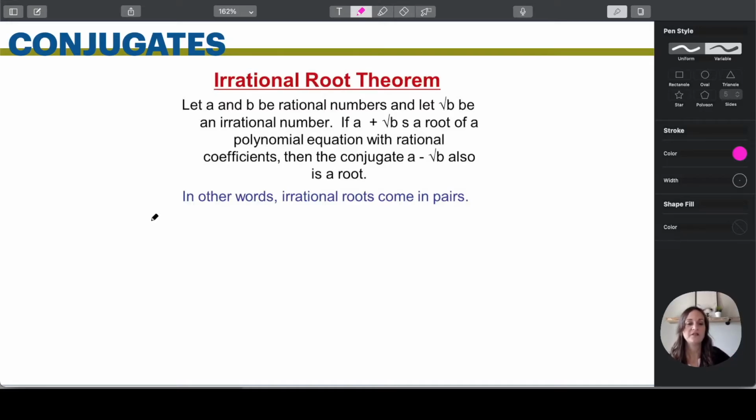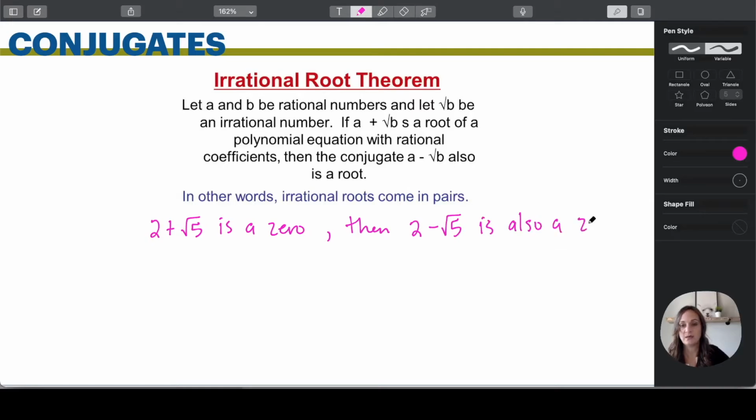Meaning if you have 2 plus the square root of 5 and it is a 0 of some polynomial, therefore 2 minus the square root of 5 is also a 0.